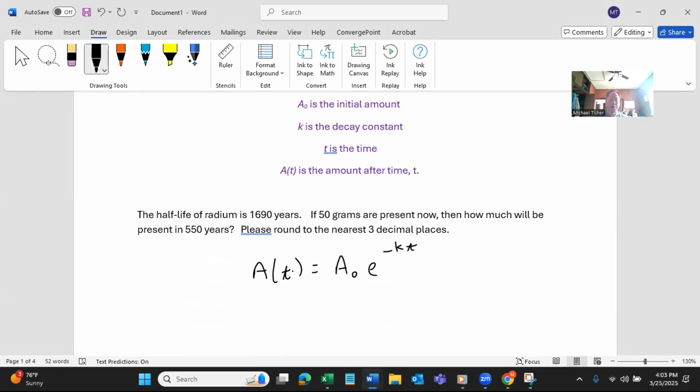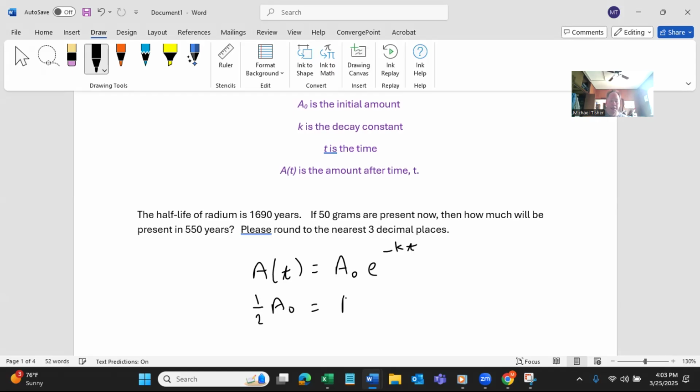So that's the situation when we have one half A sub 0. We're going to replace A of t with one half A sub 0, because we're looking at the time when the substance was one half of the original. A sub 0 is the initial amount of the substance.